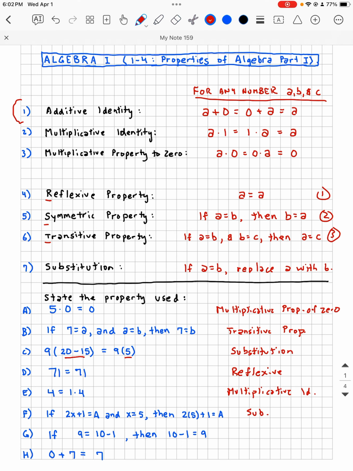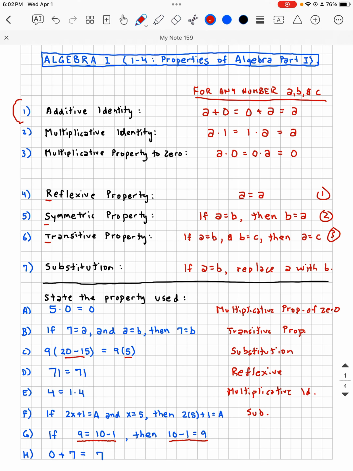Part G, if 9 is equal to 10 minus 1, then 10 minus 1 is equal to 9. Now I know that some of you might think, oh, well, 10 minus 1 is equal to 9, that's very similar to substitution because you're replacing it with something that is simple. But if you look carefully at my statement, if 9 is equal to 10 minus 1 and 10 minus 1 is equal to 9, the orientation of the equation is swapped.